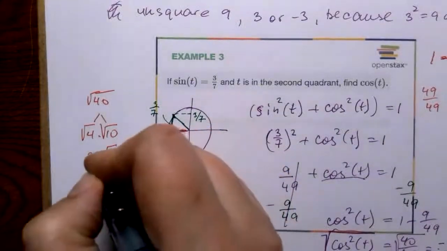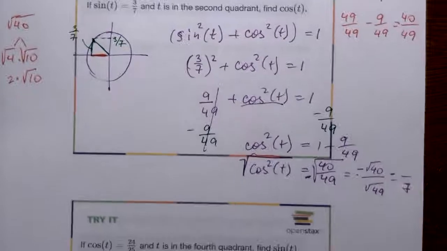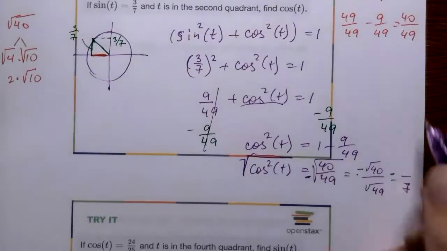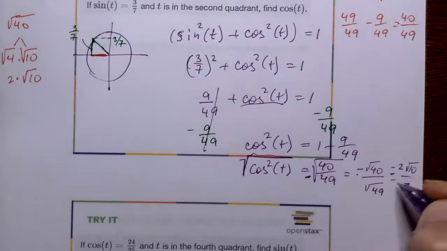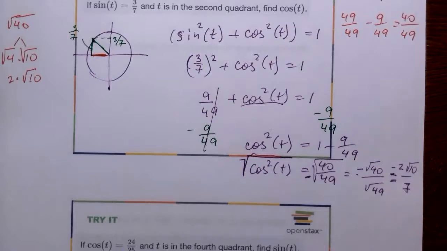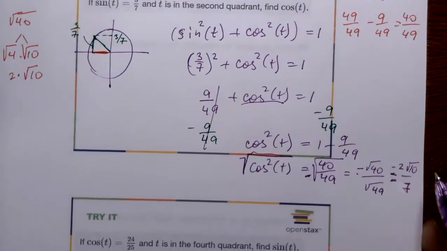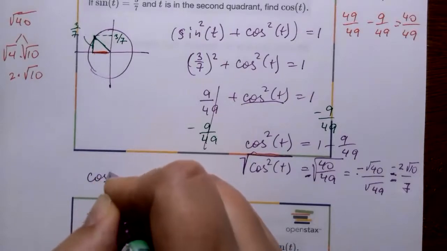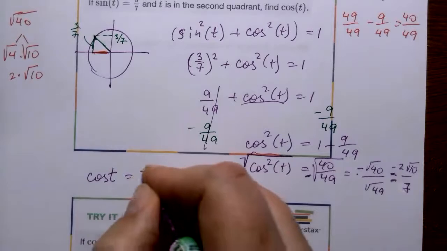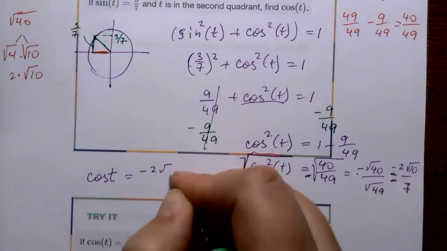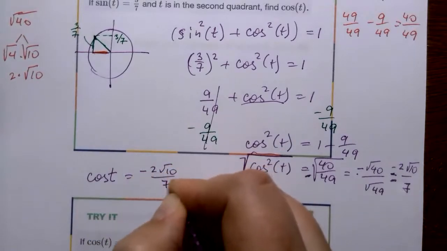So it's going to be 2 roots of 10, and with the negative, negative 2 roots of 10. So basically the answer is cosine t equals negative 2 roots of 10 over 7.